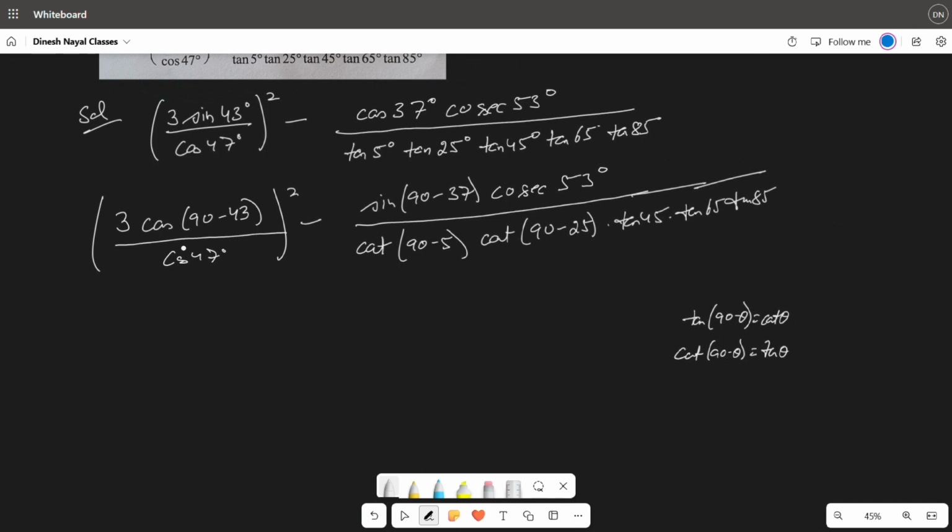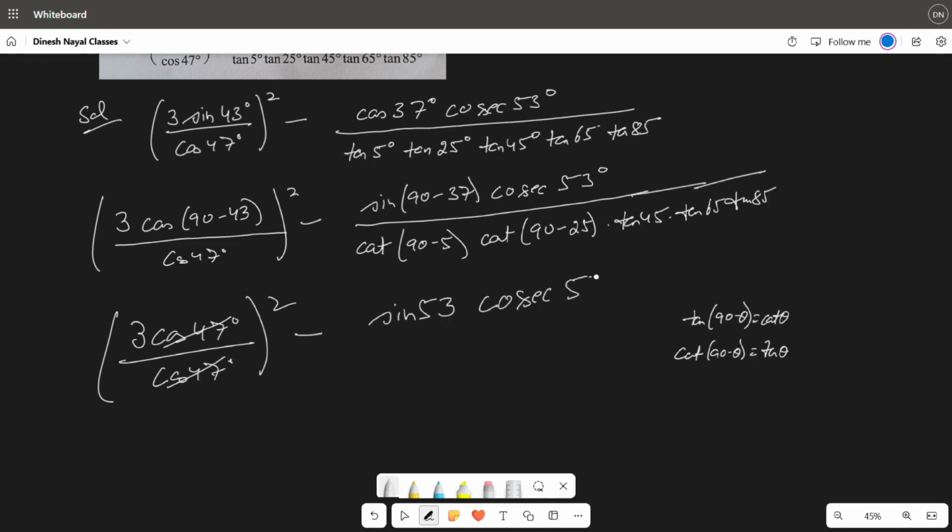Now see, what is 90 minus 43? 90 minus 43 is 47. So we can write 3 cos 47 degree upon cos 47 degree whole square. We know that cos 47 will get cancelled, minus. Now 90 minus 37 is 53, so you can write this as sine 53 and cosec 53 degree upon.